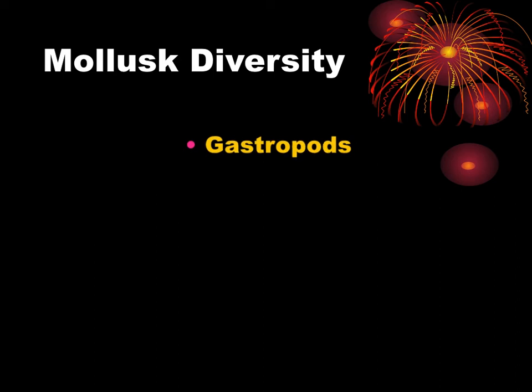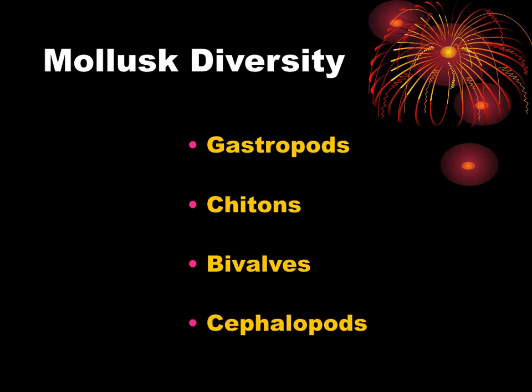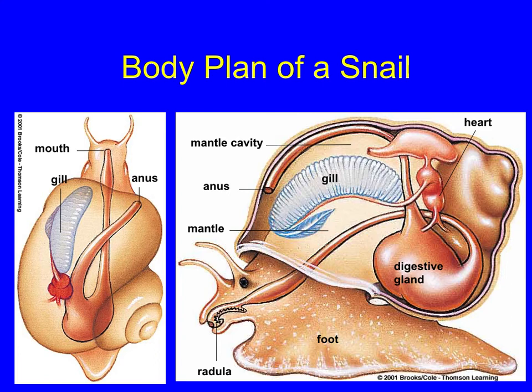All right, mollusk diversity: we have the gastropods, the chitons, the bivalves, and the cephalopods. As we move into the body plan of a snail, you can see the radula, the tongue, to shred their food and bring it in. We also see the foot, which is used for moving.